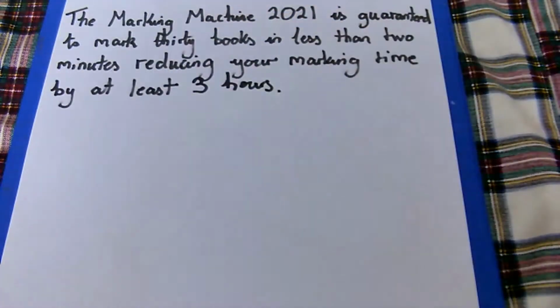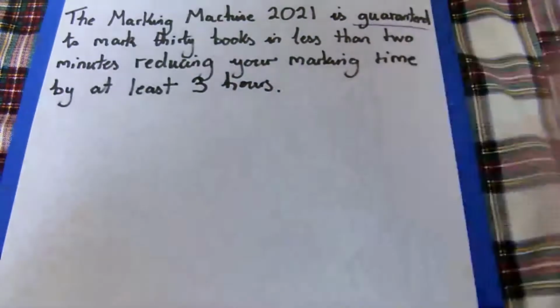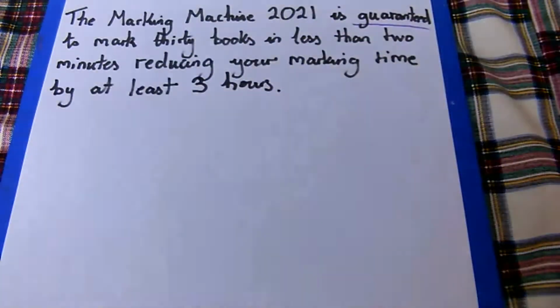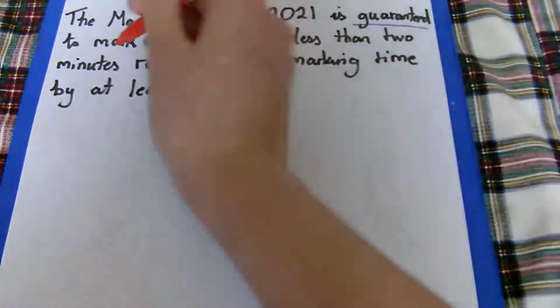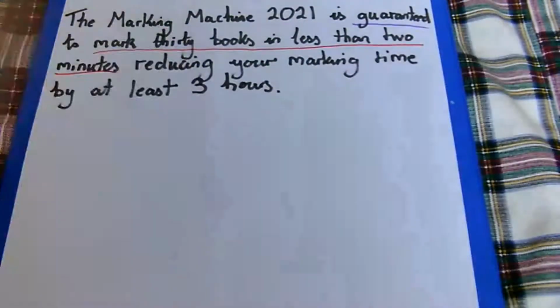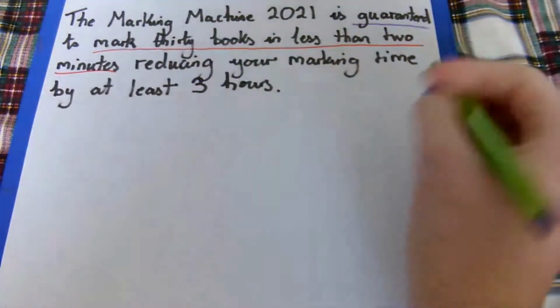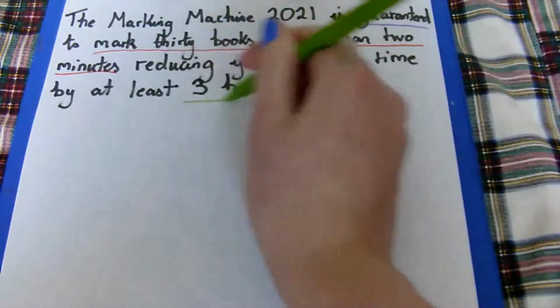So in my first sentence, I've used a powerful verb, guaranteed. I've given a fact about what my invention does, mark 30 books in less than 2 minutes. I've then said what the advantage of that is for my reader using the statistic, 3 hours.